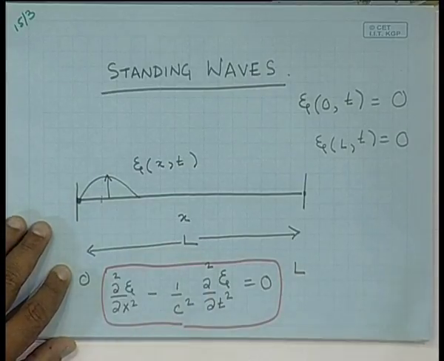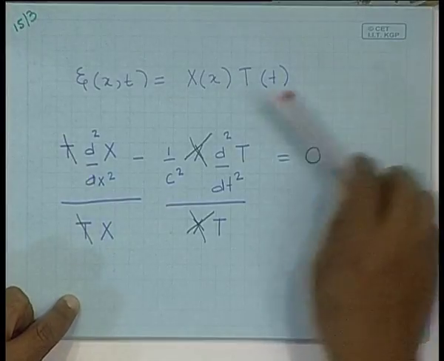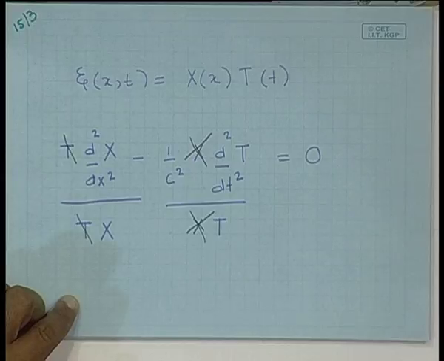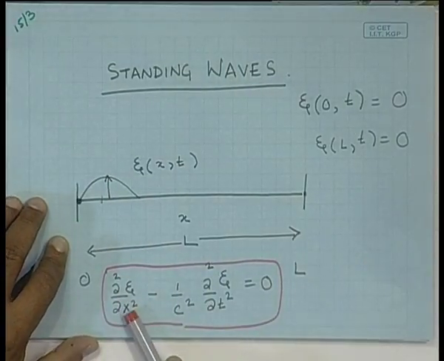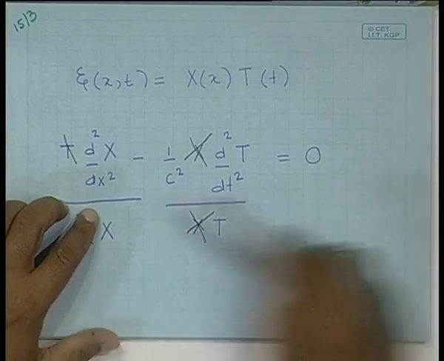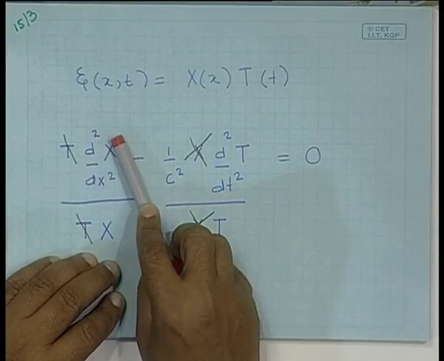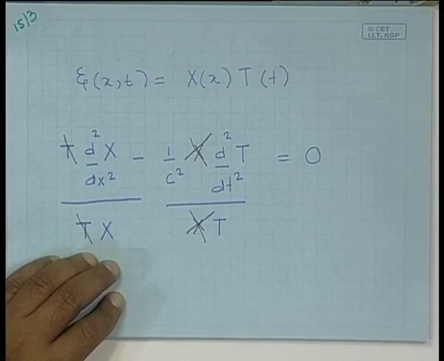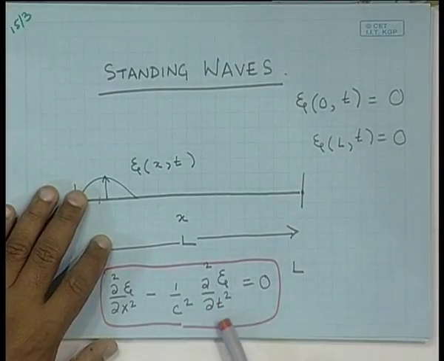So, once you put it in here, the x derivative does not act on T. So, the term involving the x derivative, this term over here, gives us this T into the ordinary second derivative of X. The term involving the time derivative, this term over here.